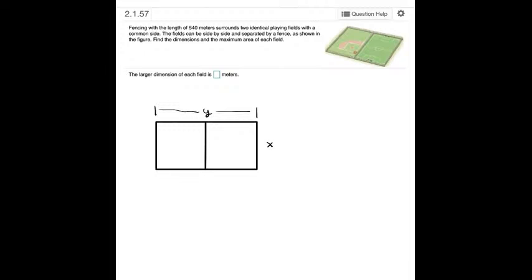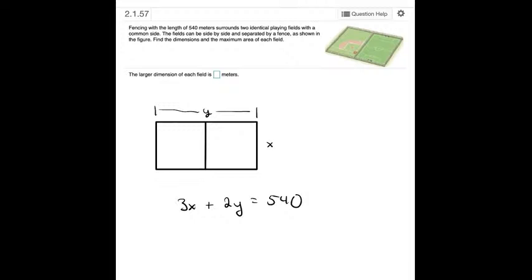So if we want to capture that 540 in an equation, we basically add up all the sides. We have three of these guys, 1, 2, 3, so that would be x plus x plus x, which gives us 3x. So we can say 3x plus 2y is going to equal 540, right?